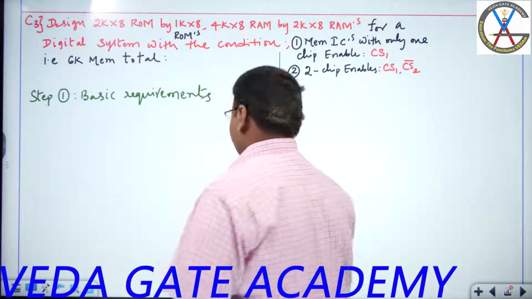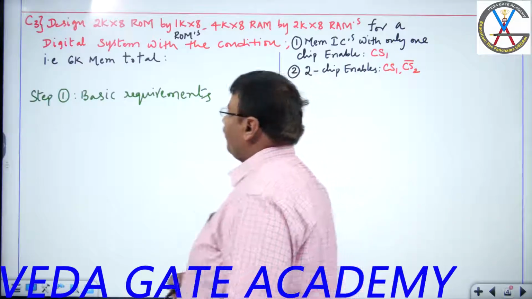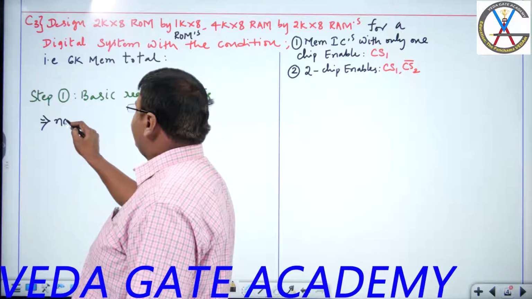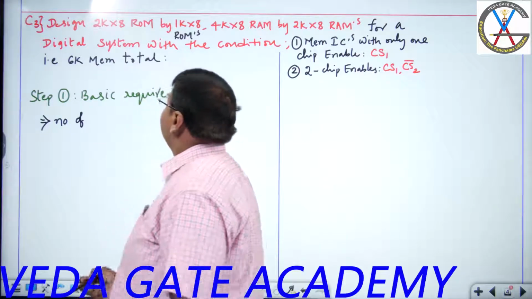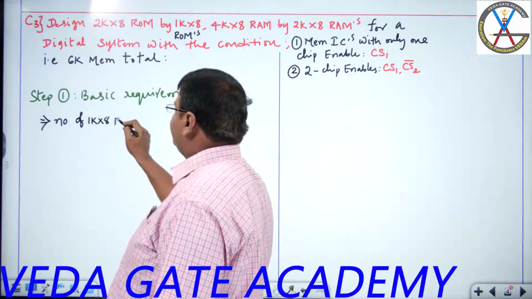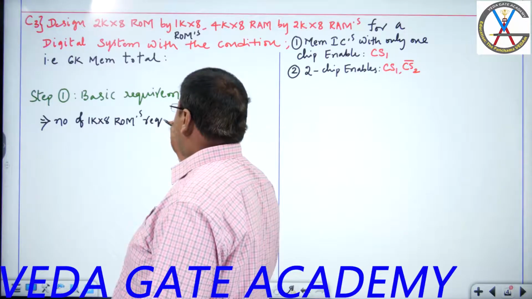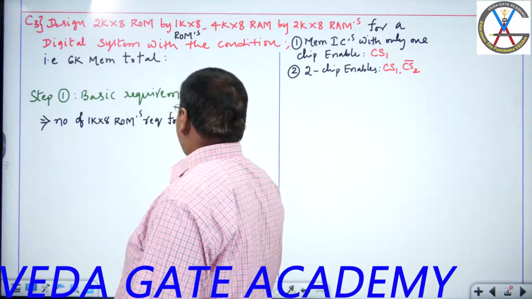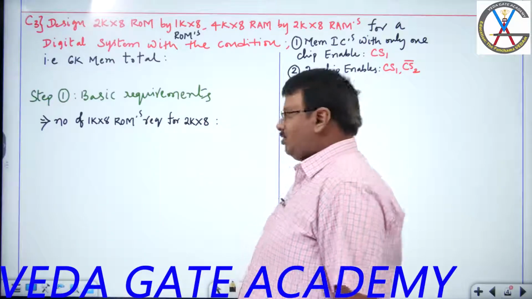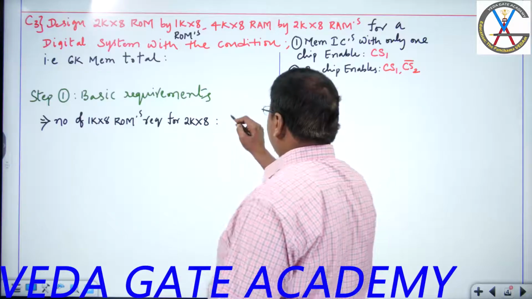Number of 1K into 8 ROMs required for 2K into 8. Ultimately 2, right?